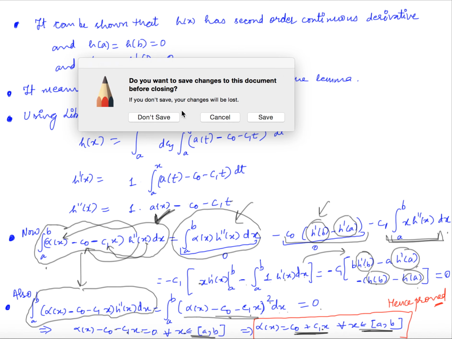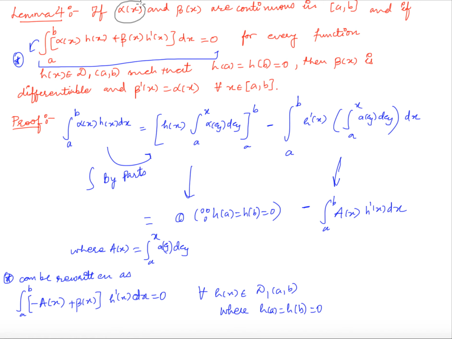This lemma says that if you have two continuous functions alpha x and beta x in the closed interval [a, b], and if the integral from a to b of (alpha x h x plus beta x h dash x) dx is equal to 0 for every h x in the space D1[a, b], the space of all functions which have first order continuous derivatives and where h x satisfies these boundary conditions, then this beta x is actually differentiable and its derivative is equal to alpha x.